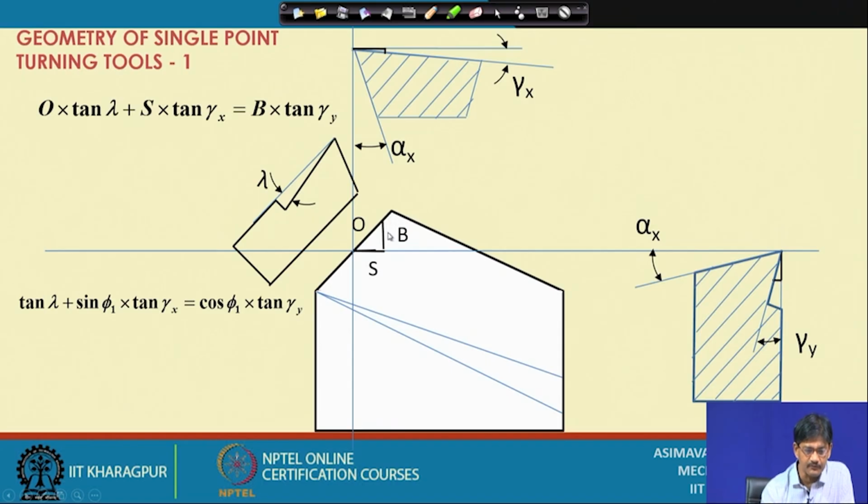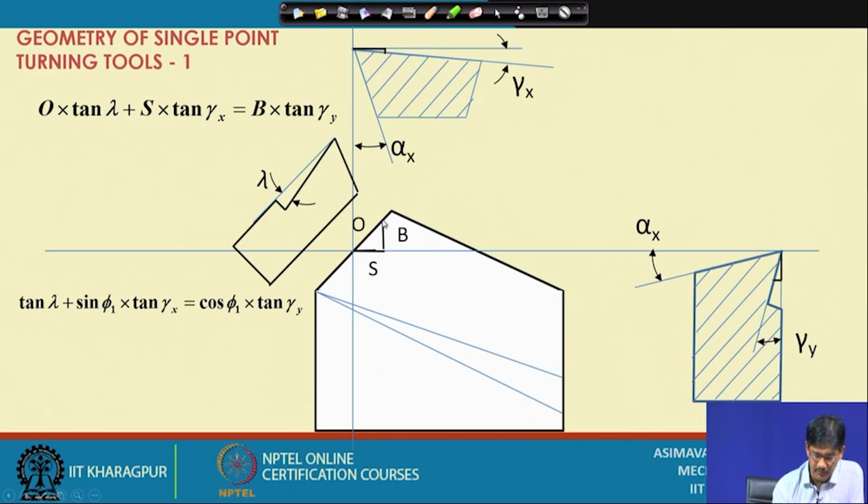Right. Here what we have is that we are going down the cutting plane by this distance. So, there is a vertical distance we have gone down.